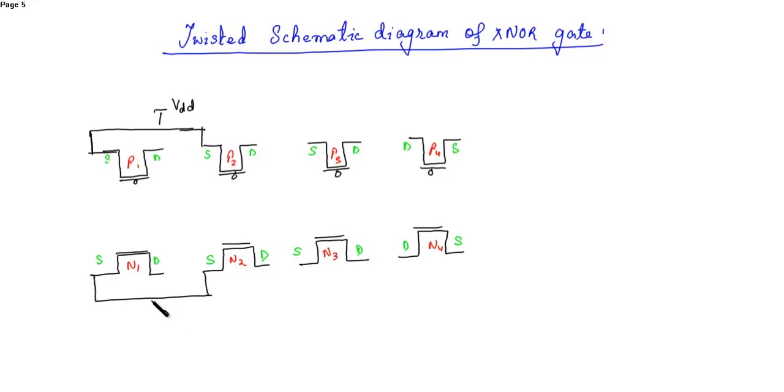This is connected to ground. Drain and drain are shorted, gate and gate are shorted. This is gate to gate, this is drain to drain. This is input A, this is A bar, this is B, this is B bar.